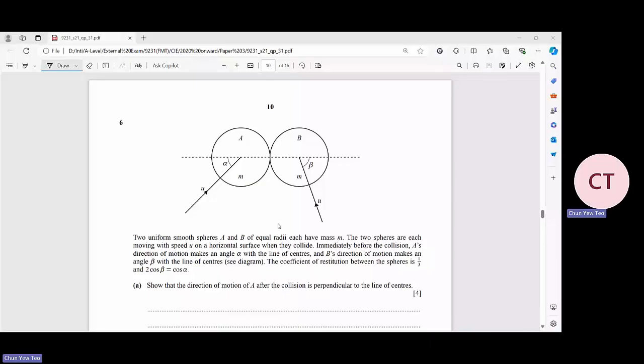Two uniform spheres A and B of equal radii each have mass m. The two spheres are each moving with the speed u on the horizontal surface when they collide. Immediately before the collision, A's direction of motion makes an angle alpha with the line of centers, and B's direction of motion makes an angle beta with the line of centers.